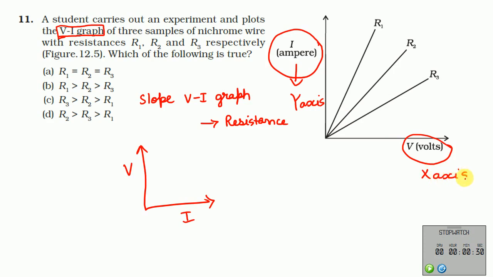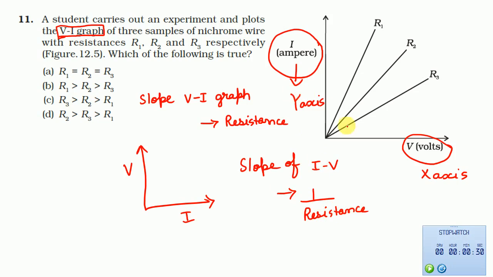So they both are different. The slope of an IV graph does not give us resistance, it gives us the reciprocal of resistance, 1 by resistance.